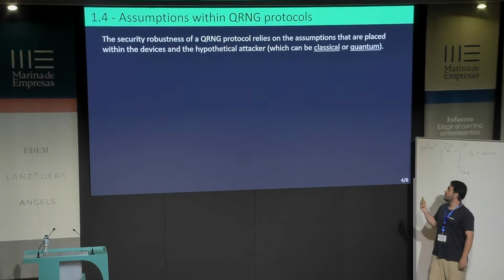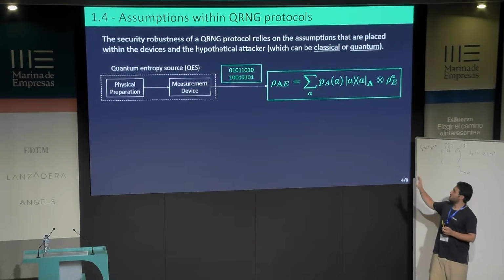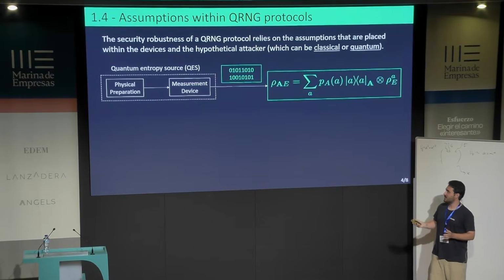And if we consider that it can hold quantum information, then we say that our protocol is quantum proof. Okay, so this is the classical quantum state that we had before. And then the idea here is that the set of classical quantum states compatible with the output of a quantum entropy source depends on the assumptions that we pose onto the quantum entropy source elements themselves.